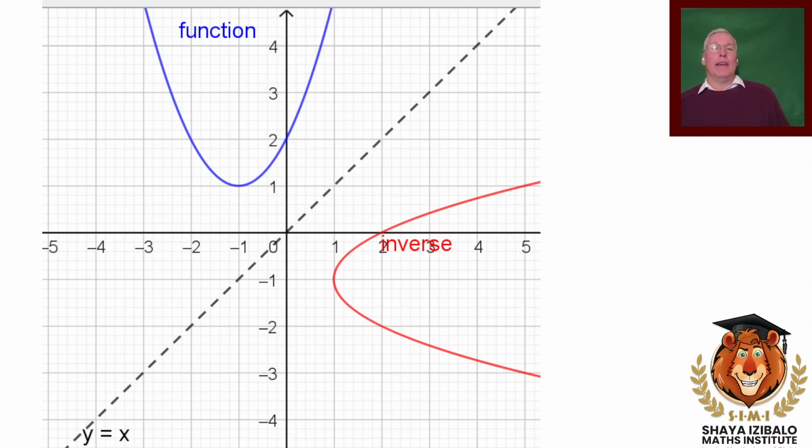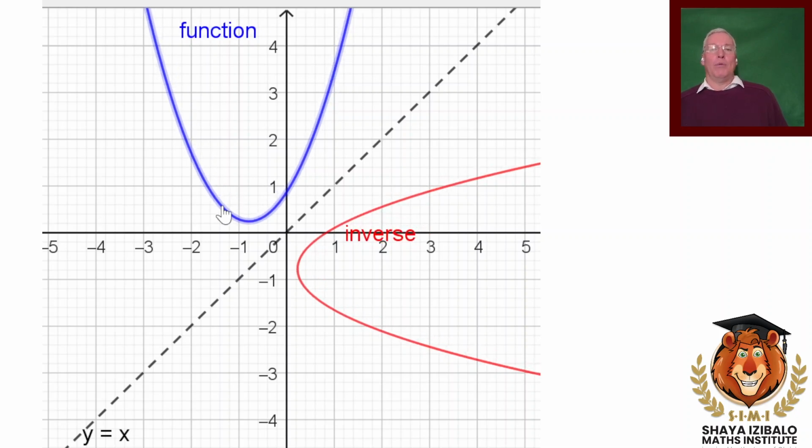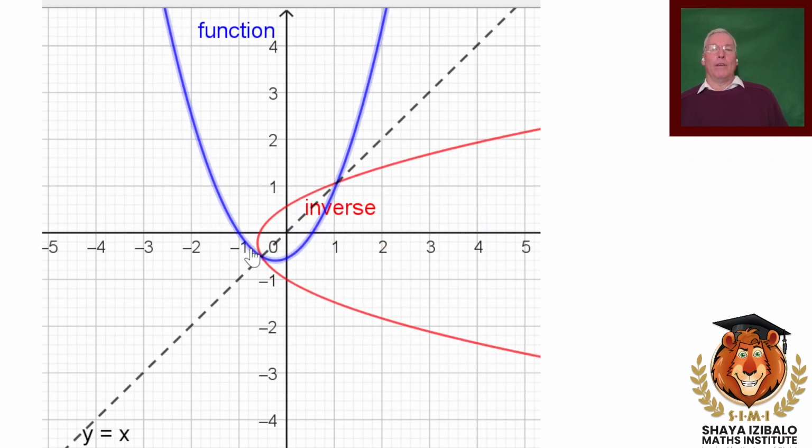Let's just look at another point. (-2, 2). Flick that around to (2, -2), which lies on the red graph. (-2, 2) lies on the blue graph. If I was to drag the blue graph around, you'll see that the other one, because it's an inverse, will be a mirror image and it will also drag around.